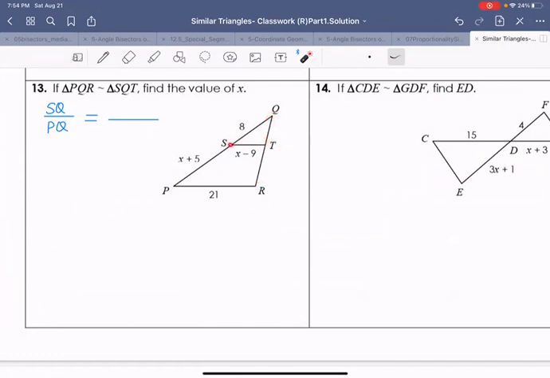We can just jump to ST over PR. Very good. Now we can plug in. Okay, go ahead.